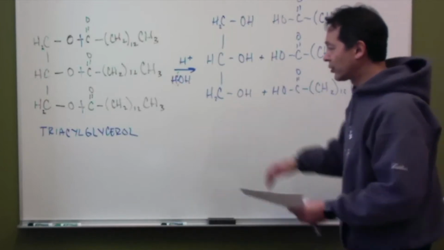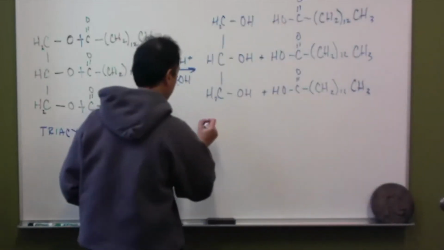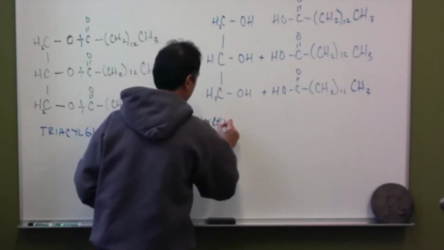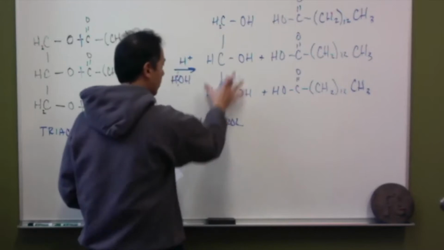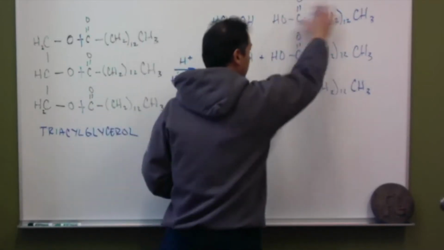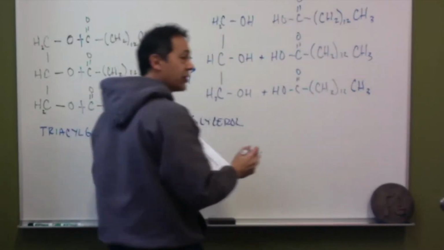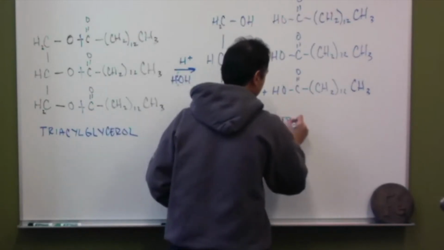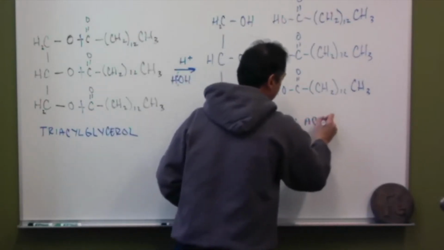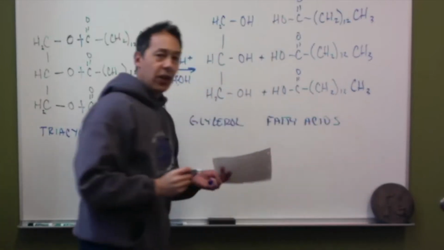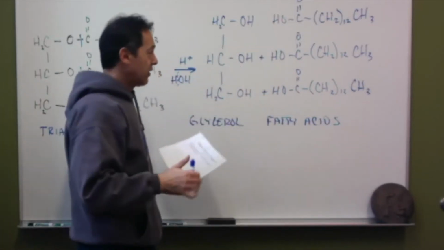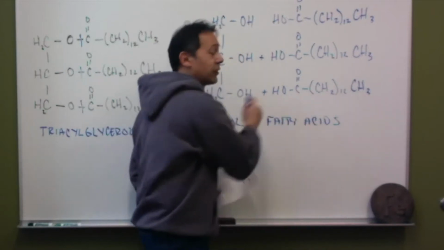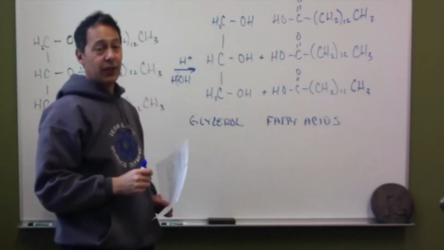So this right here is glycerol. And then these 3 long carbon chains here, these are fatty acids. And we call them fatty acids because, like fats, they have long carbon chains, and then acids because they have the carboxylic acid group on there.